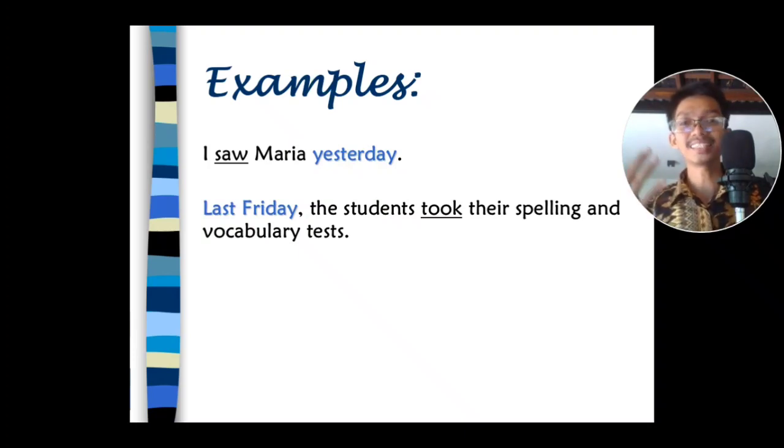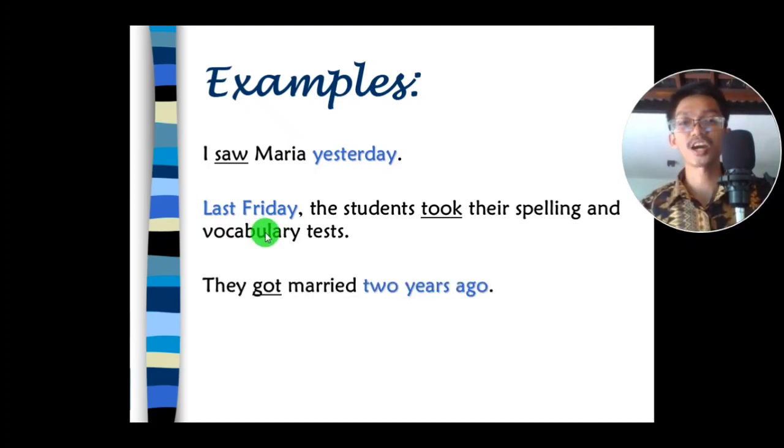What is the past adverb of time here? Yes, last Friday. Okay, good job. They got married 2 years ago. What is the past adverb of time? Yeah, correct. 2 years ago.